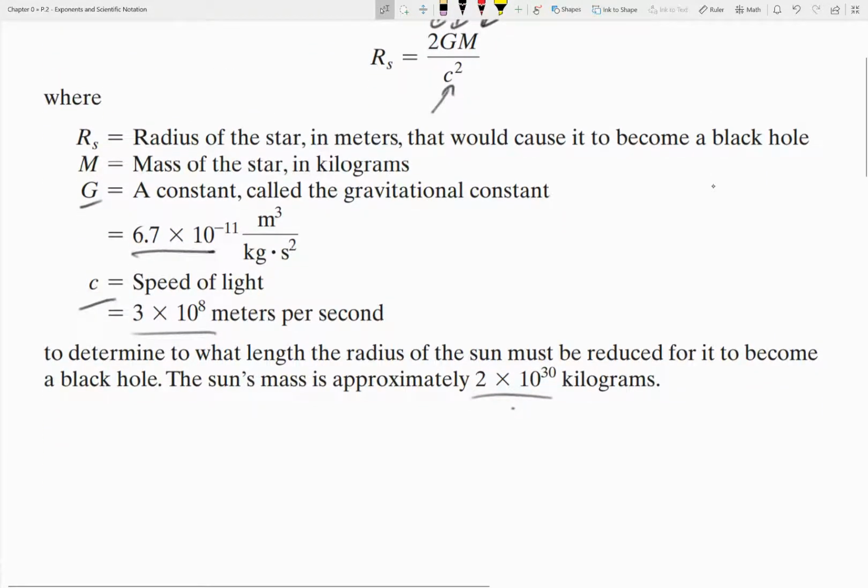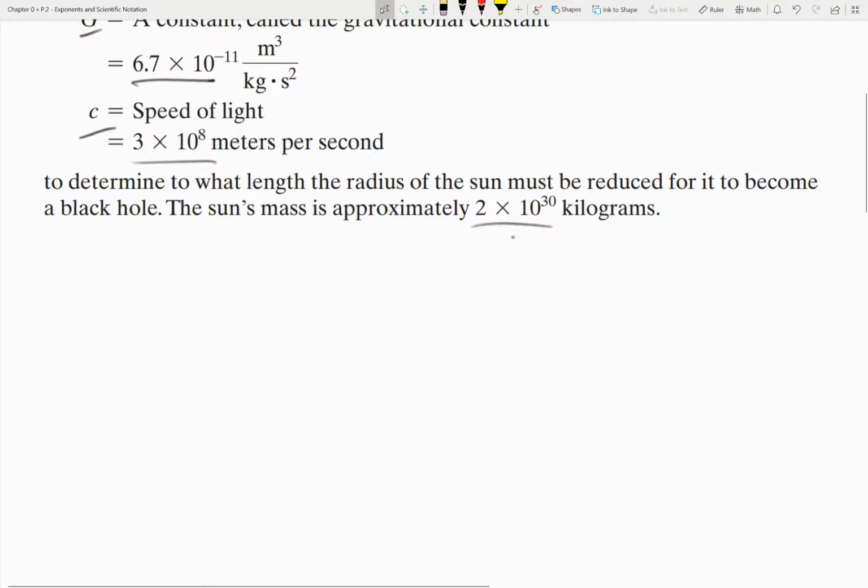All we have to do is plug these numbers in and run the calculation. Let's write the formula again: R sub S is equal to 2GM over c squared. So that's going to be 2, G was 6.7 times 10 to the negative 11th, and M was 2 times 10 to the 30th, over 3 times 10 to the 8th, squared.